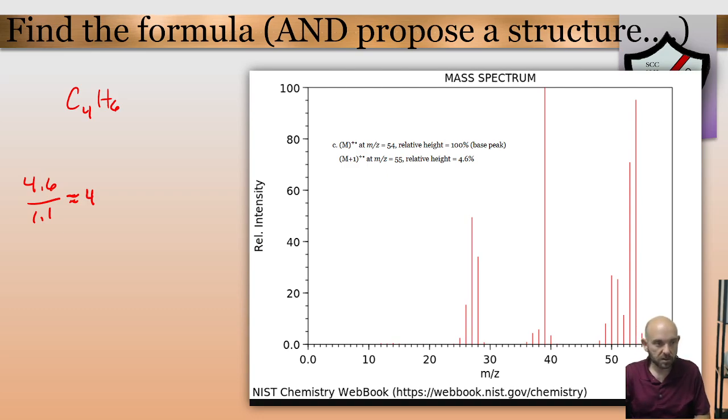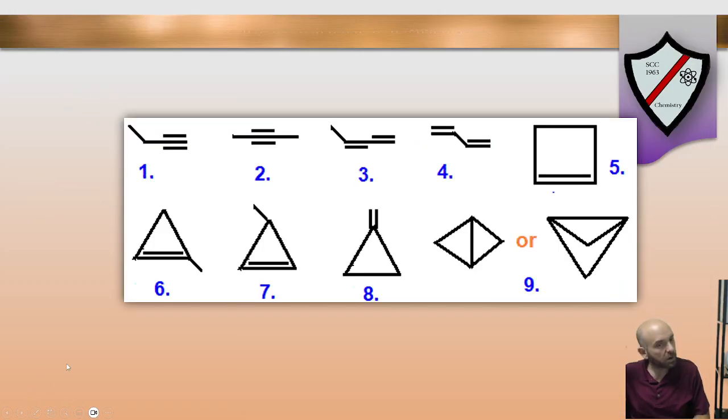It will be coming up in just 3, 2, 1, now. So those are all the possible structures of C4H6. If you drew any one of those structures, you would be correct and have a correct Lewis structure that accounts for that chemical formula.